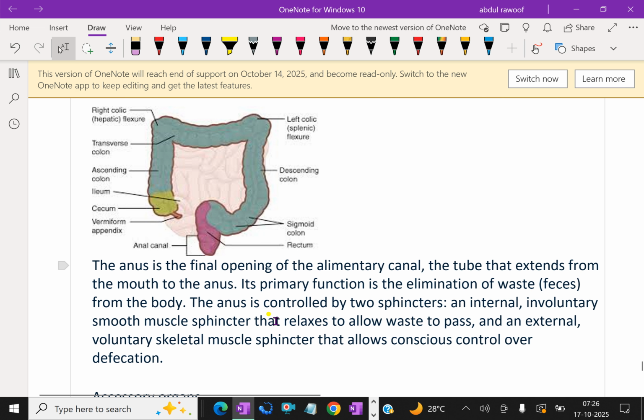The anus is controlled by two sphincters: an internal involuntary smooth muscle sphincter that relaxes to allow waste to pass, and an external voluntary skeletal muscle sphincter that allows conscious control over defecation.